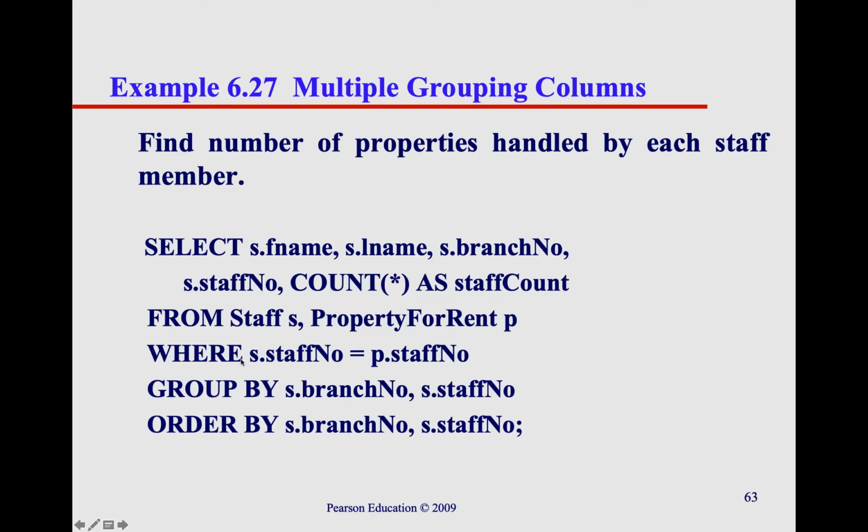And then this does the join between the staff and the property. So that will get me staff married up with the properties that they manage. And not only will I be able to count, but then I'm able to print out their first name, last name, and their branch number and their staff number.